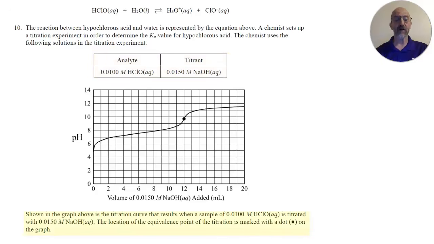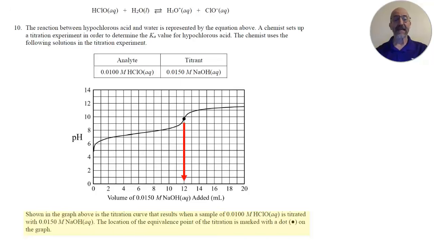Shown in the graph above is the titration curve that results when a sample of 0.0100 molar hypochlorous acid is titrated with 0.0150 molar sodium hydroxide. And the location of the equivalence point of the titration is marked with a dot on the graph. So it looks like that would be located on the x-axis at 12 milliliters.